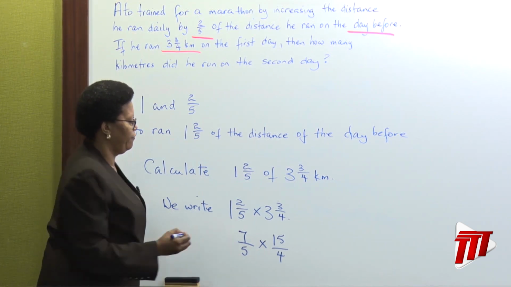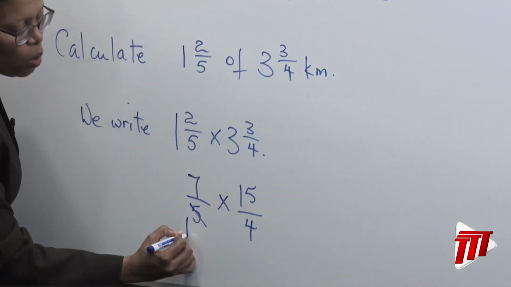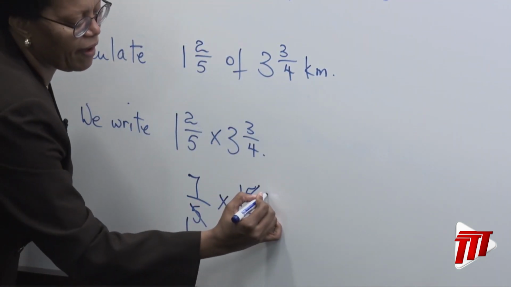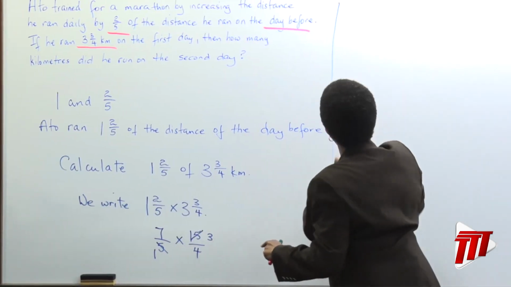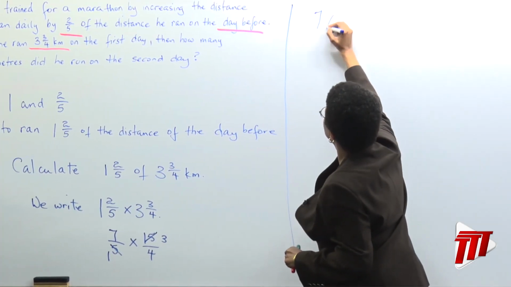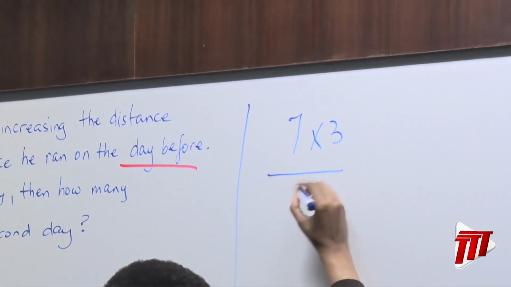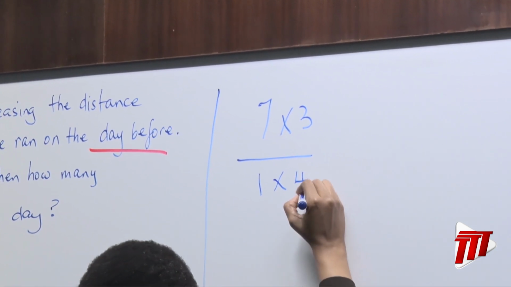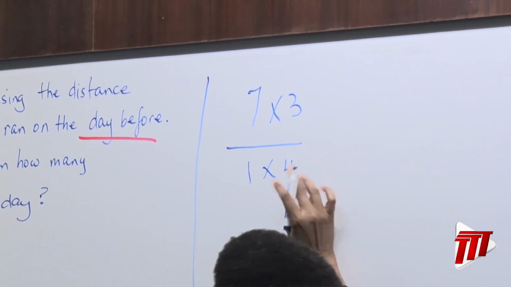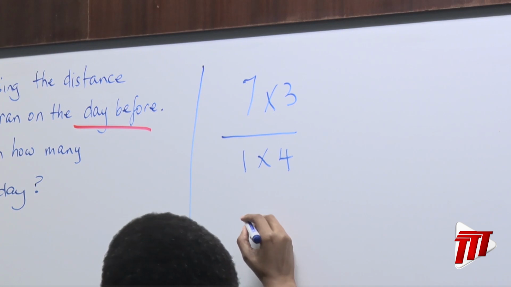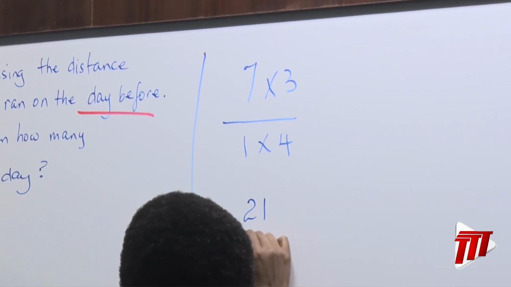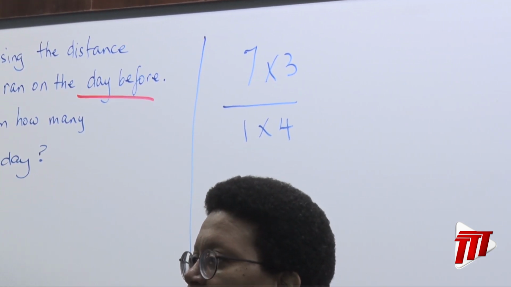Let's simplify. 5 divided by 5 is 1. 15 divided by 5 is 3. We want 7 multiplied by 3, 1 multiplied by 4. 7 multiplied by 3 is 21. 1 multiplied by 4 is 4.